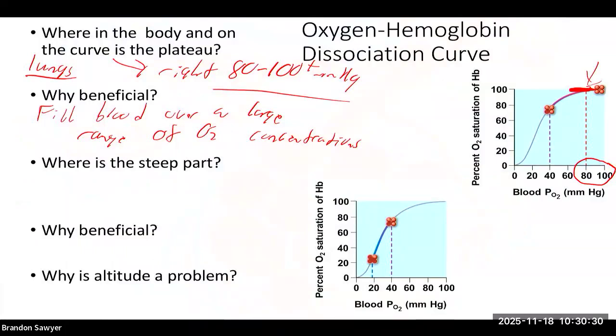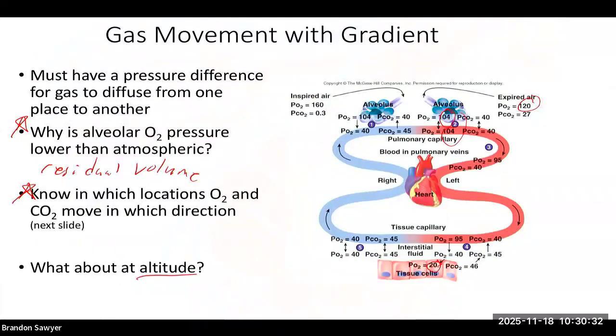What would make that partial pressure of oxygen get lower from 40 right here? Besides altitude, what else would make this drop to like 35 or 30? Talk to each other about that for a second. Why do you think that would happen, besides altitude?